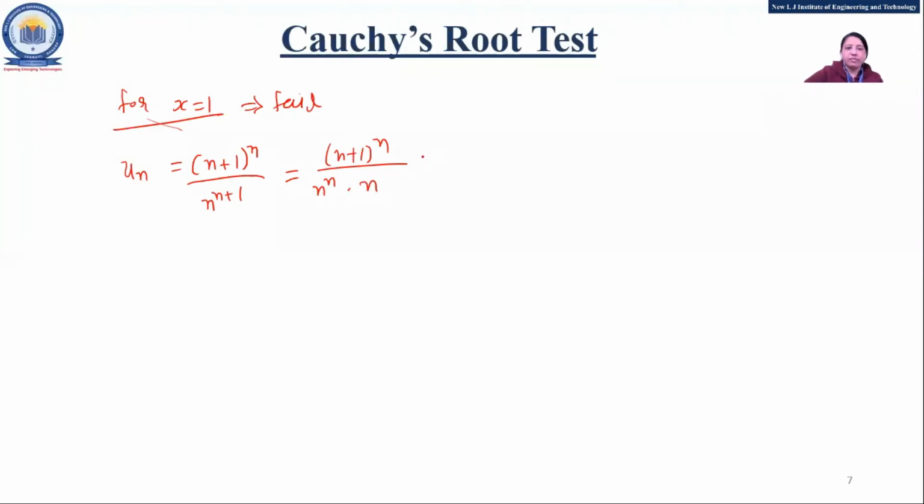So you can write 1 by n into n plus 1 upon n raised to n. You can consider Vn, so let Vn equal to 1 by n, which is n raised to 1. Using p equal to 1, it is divergent.